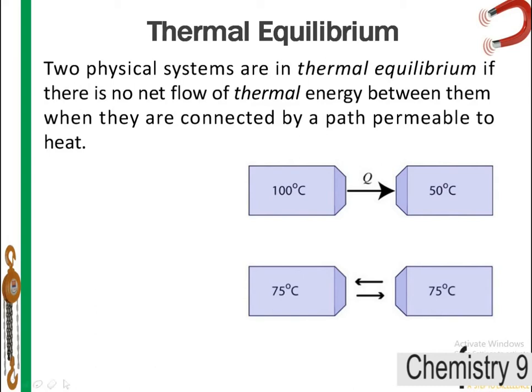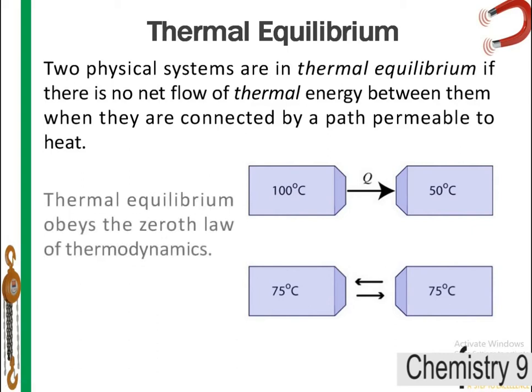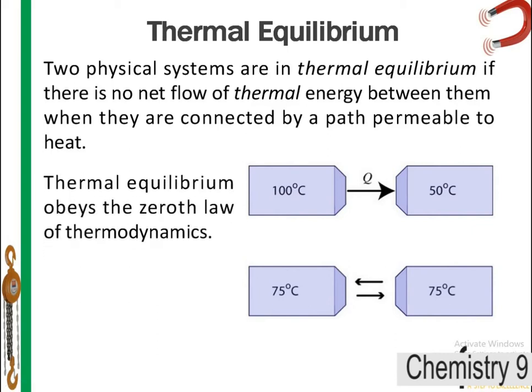So there's a permeable pathway which allows the thermal energy to flow from the substance at 100 degrees to the other substance at 50 degrees Celsius. And so when thermal equilibrium is reached, the temperature of the two substances is going to be 75 degrees Celsius. They're going to be identical. So thermal equilibrium obeys the zeroth law of thermodynamics that we saw previously.